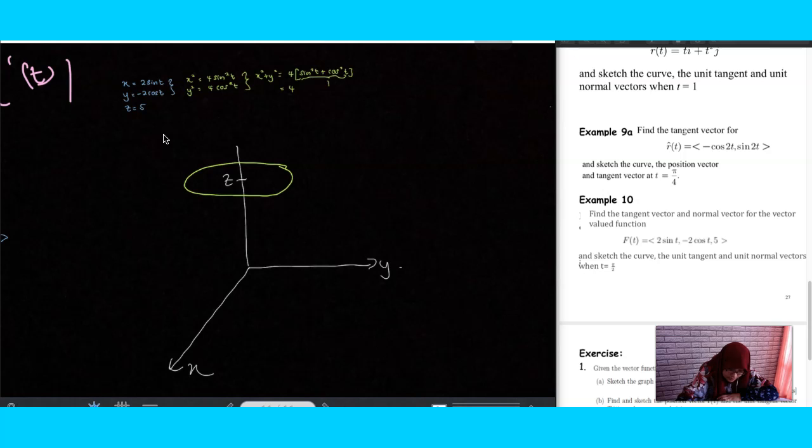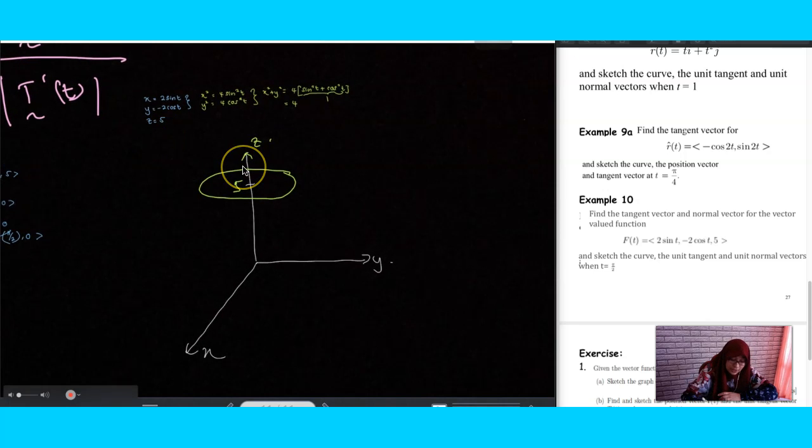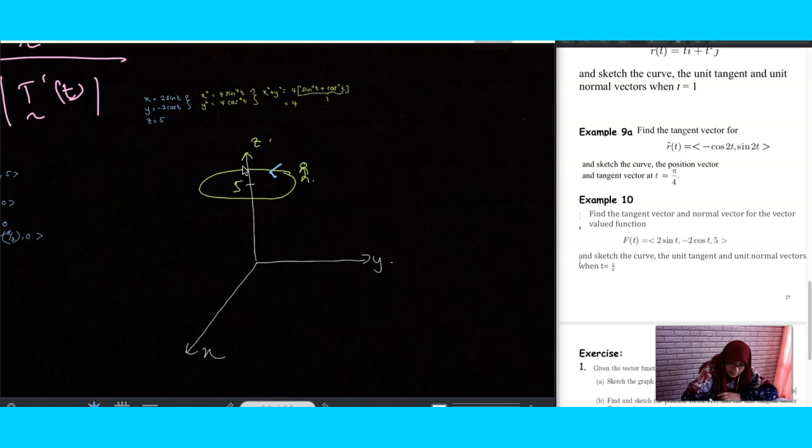Okay, so that is 5 along z. Whether you move this way or that way depends on your tangent vector or unit tangent vector. So now it's time for us to sketch.